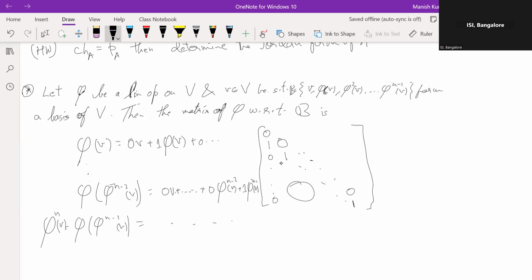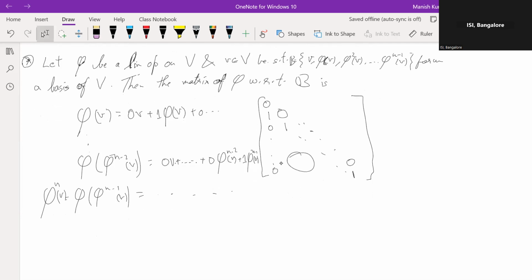But we know that it is going to be a linear combination of v, phi v, phi square v and so on, because that forms a basis. We have figured that out. So that tells you that there will be some column whose entries you don't know. Can you think about what that column could be?